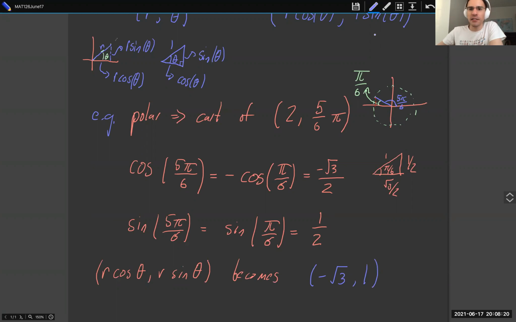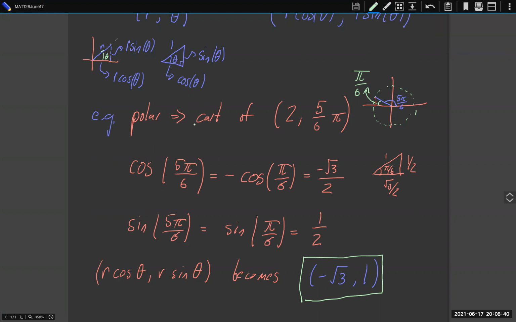So this point, if I look at taking it twice that of the unit circle, then I get exactly these coordinates. So this is an example of converting from polar coordinates to Cartesian coordinates.